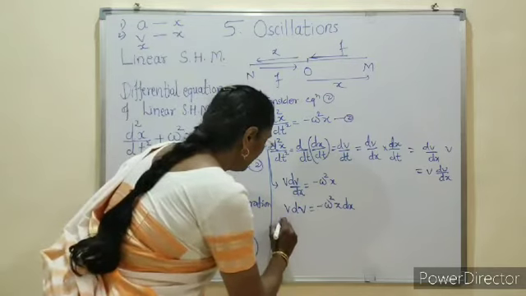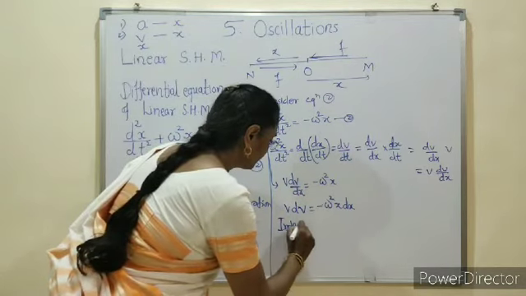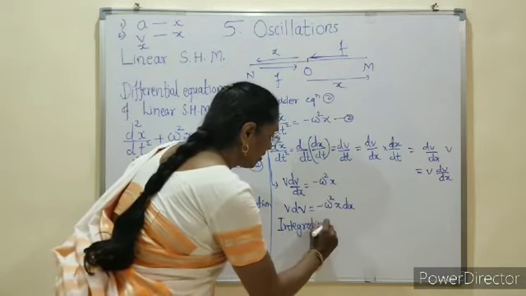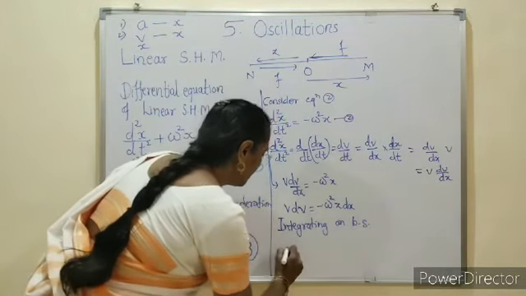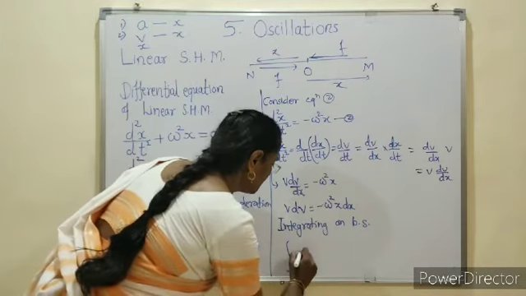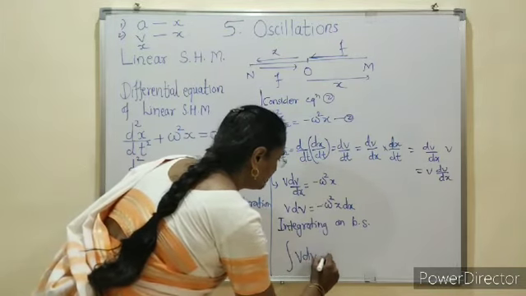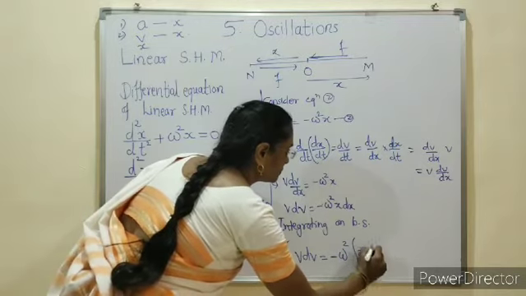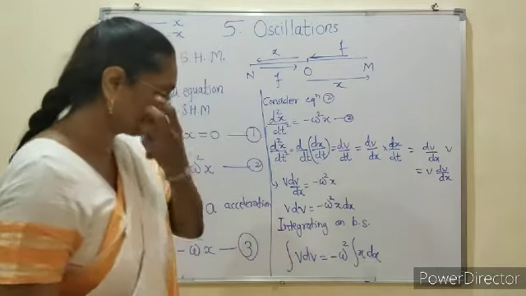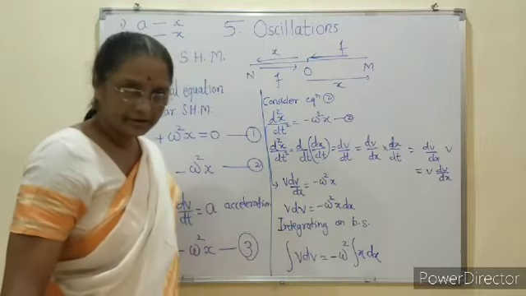Now integrating on both sides, we get the step like this: v dv is equal to minus omega square x dx. Now this can be integrated.